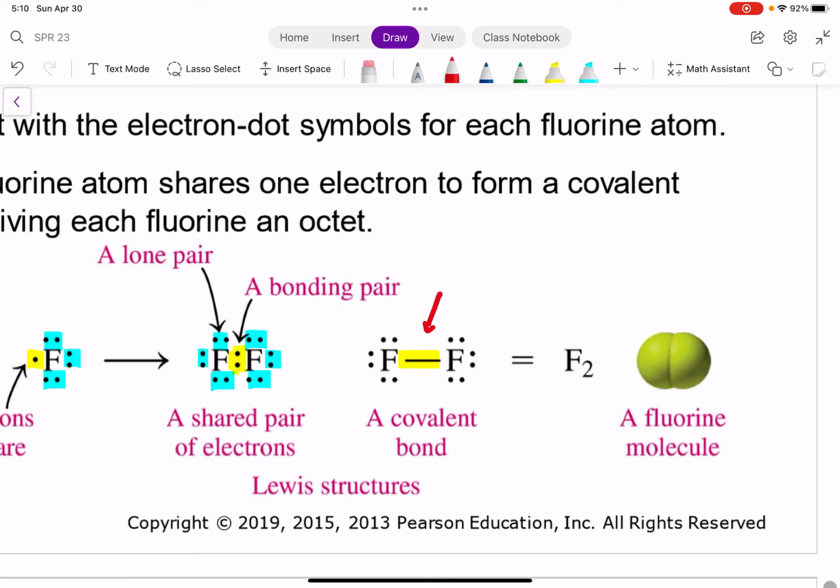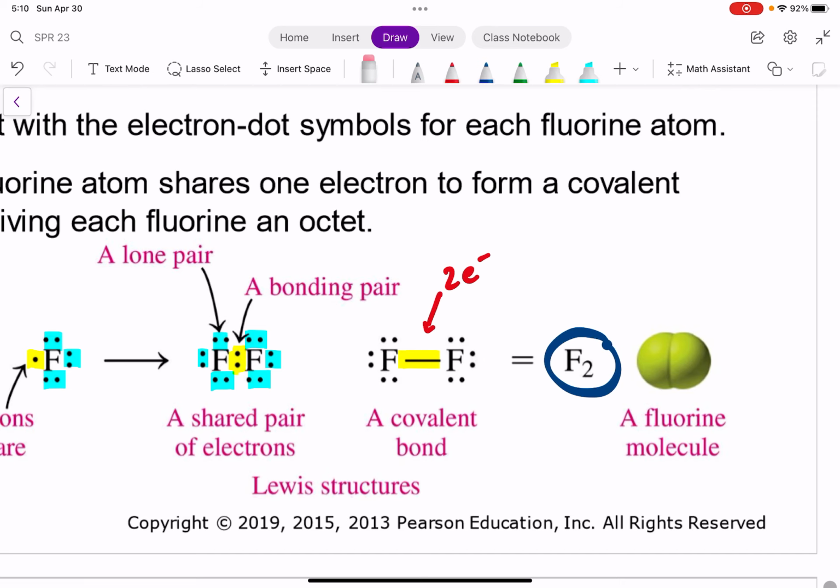And that covalent bond, remember here, that's 2 electrons. Anytime you see a line, that's 2 electrons. Okay, and then this isn't a bond, it's an equal sign. It's just showing you that this is our fluorine molecule, which is F2.